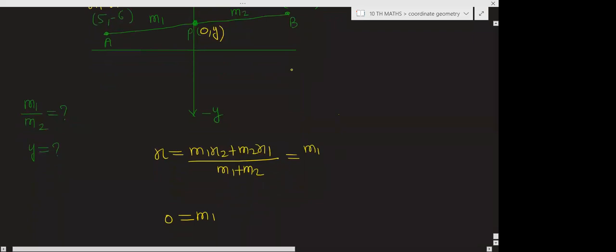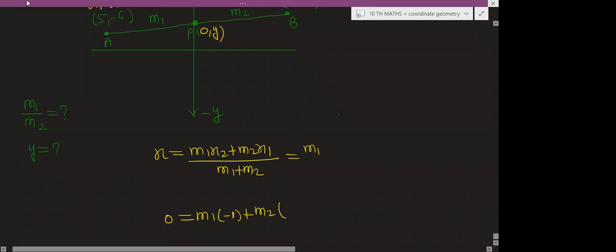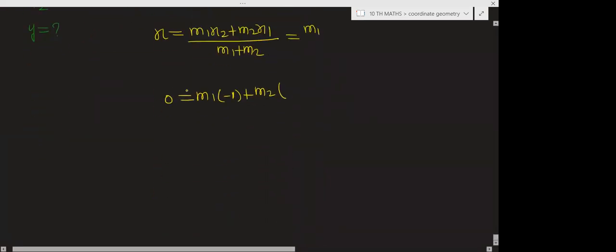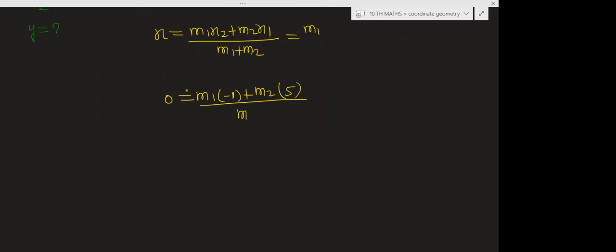x2 is -1, plus m2 we don't know, m2 into x1. x1 is 5, and divided by m1 plus m2. Now when you cross multiply this m1 plus m2 with 0, this whole term will become 0.